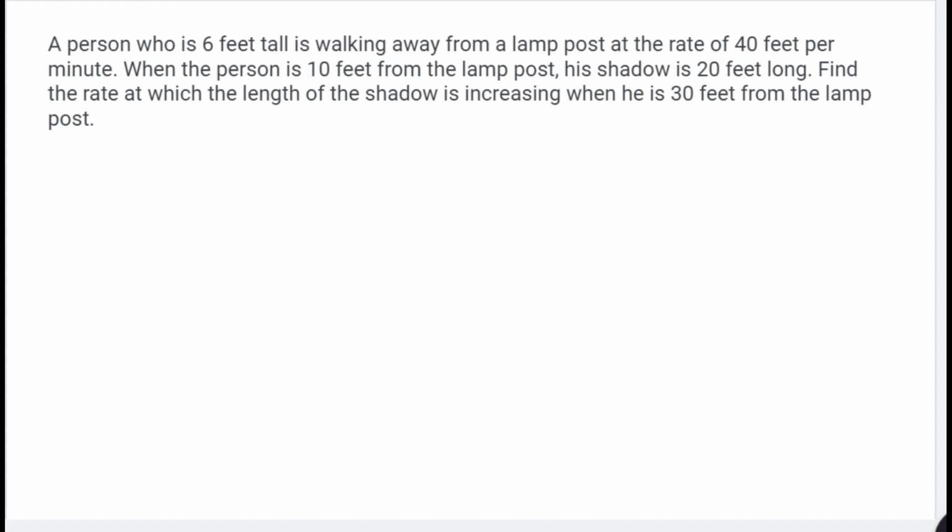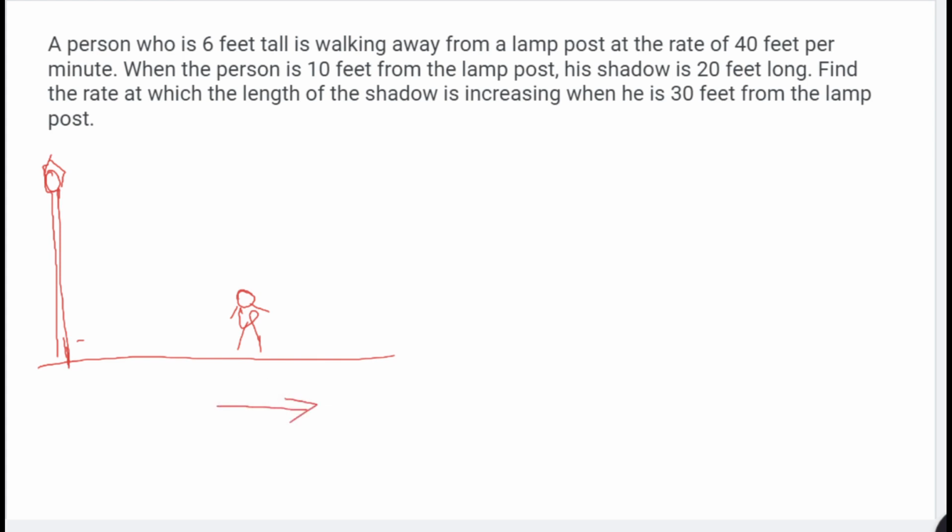So what's going on? Well, first of all, let's say he's walking away. So first of all, there's a lamp post. A person is walking away from it.